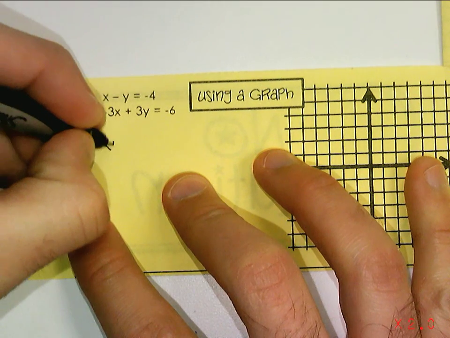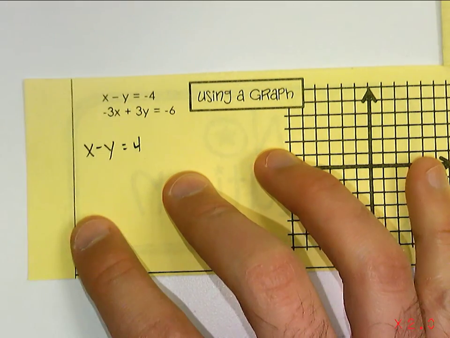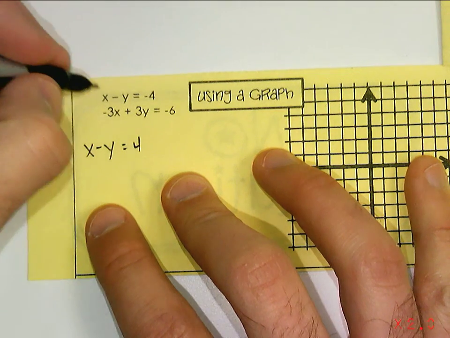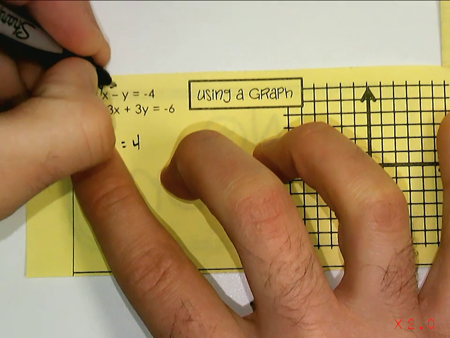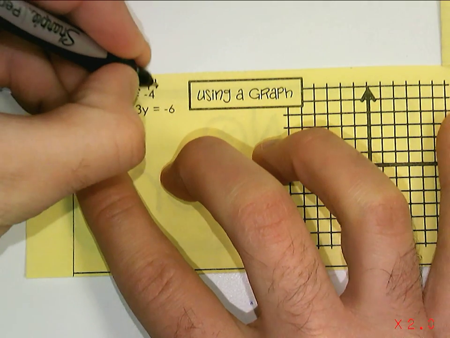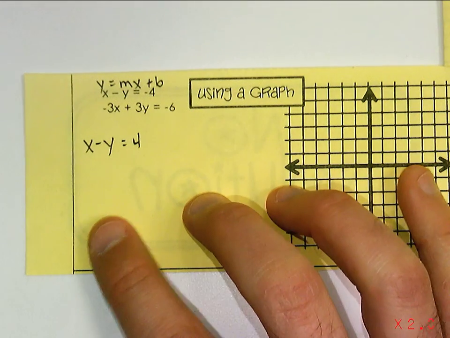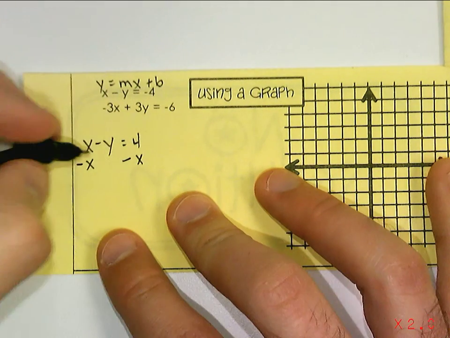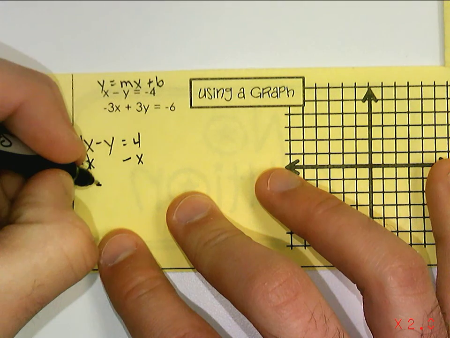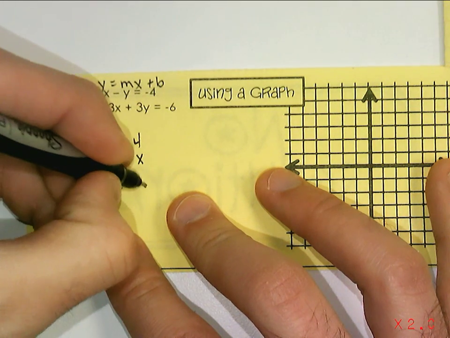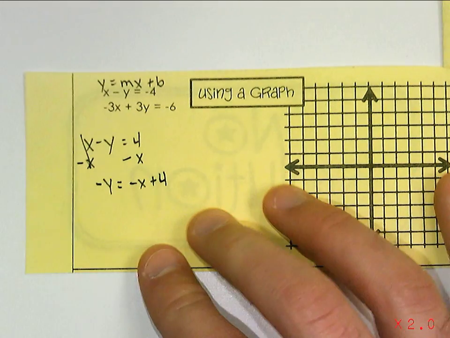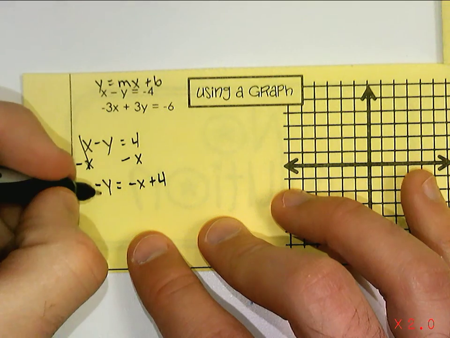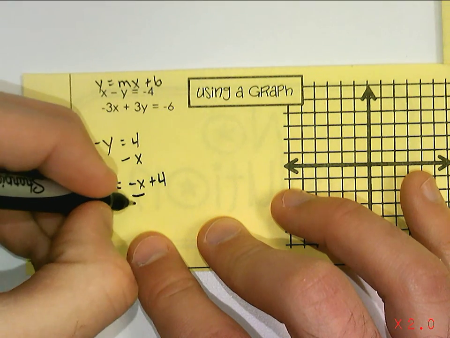x minus y equals 4. Remember, I want to get it to slope-intercept form, which is y equals mx plus b. So x minus y equals 4, so we're going to subtract x first from both sides. Those will cancel. We'll have negative y equals negative x plus 4. Divide by negative 1.